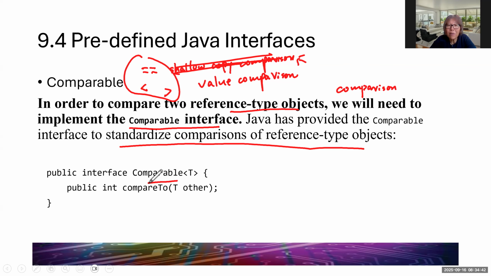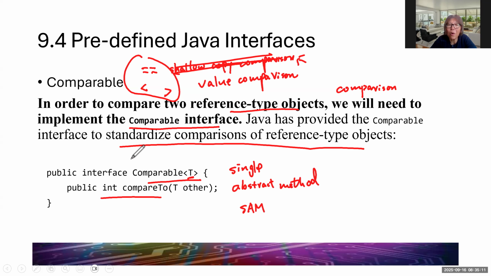This interface is a generic one, which we will learn about later on. It has one method, an abstract method that's not implemented. Since this interface has only one abstract method, we call it a single abstract method, SAM.